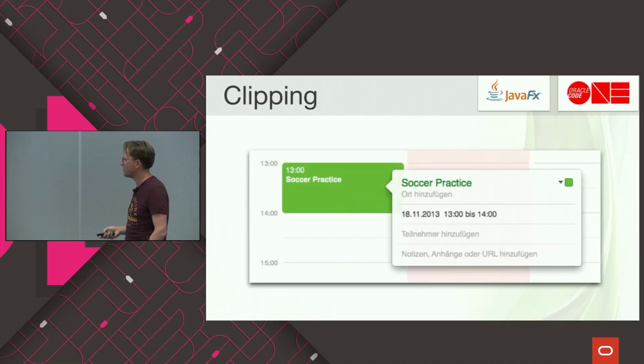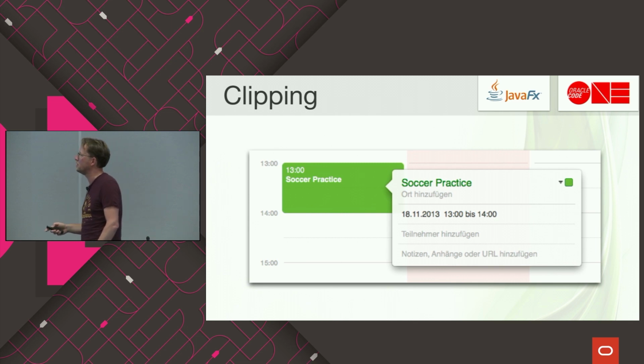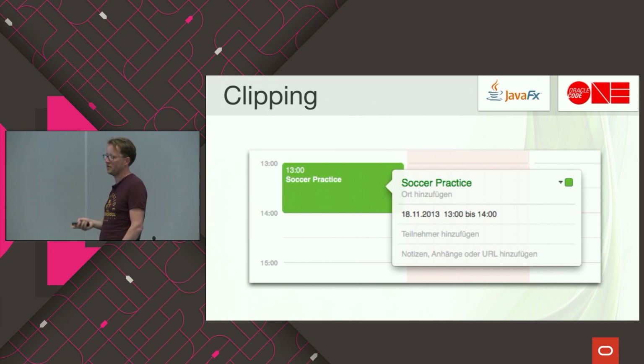I really started looking into clipping because I wanted to implement something that looked very similar to the Popover control that the iCal application of Apple is using, okay? And there you had these rounded corners here and here.